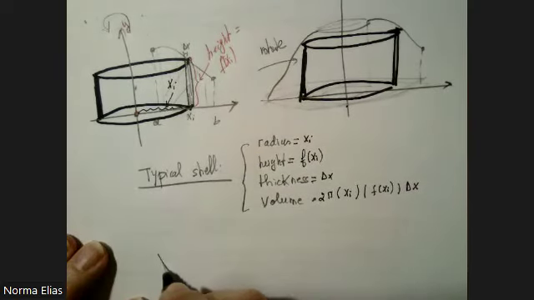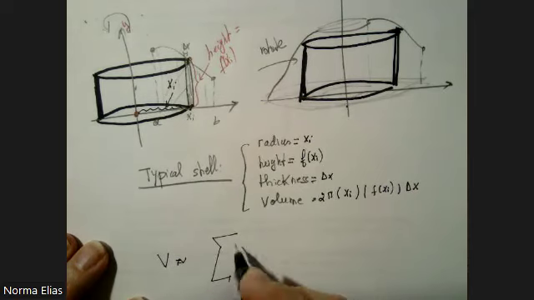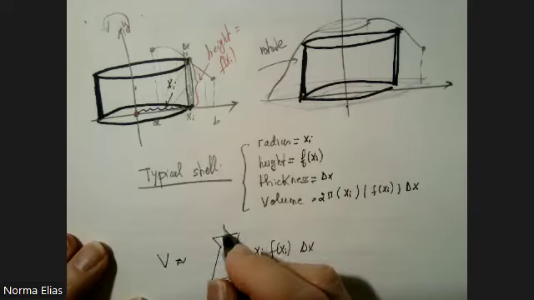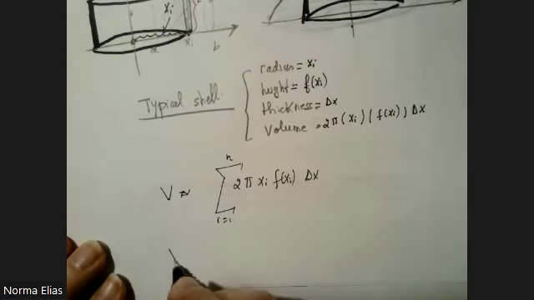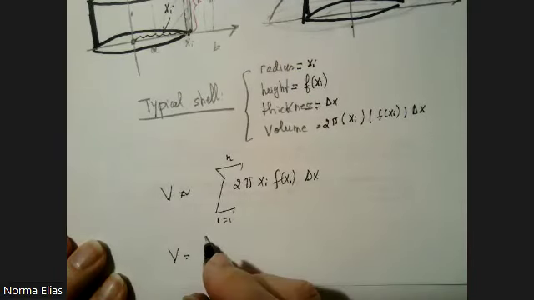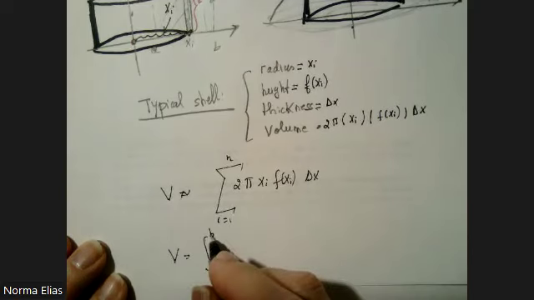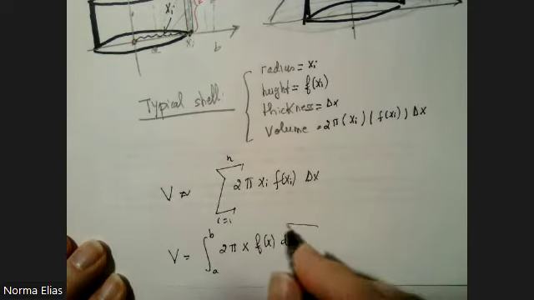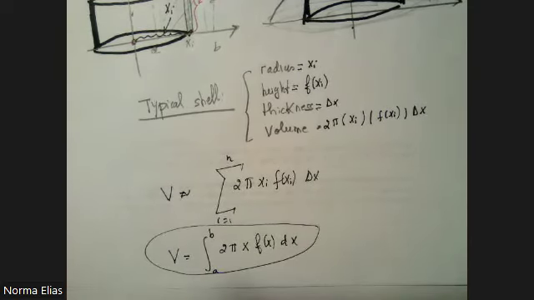The total volume is the sum of the volumes of the little shells, i equals 1 to n. When the number of subdivisions becomes very, very large, we cover the whole volume: the integral of 2 pi x f of x dx.